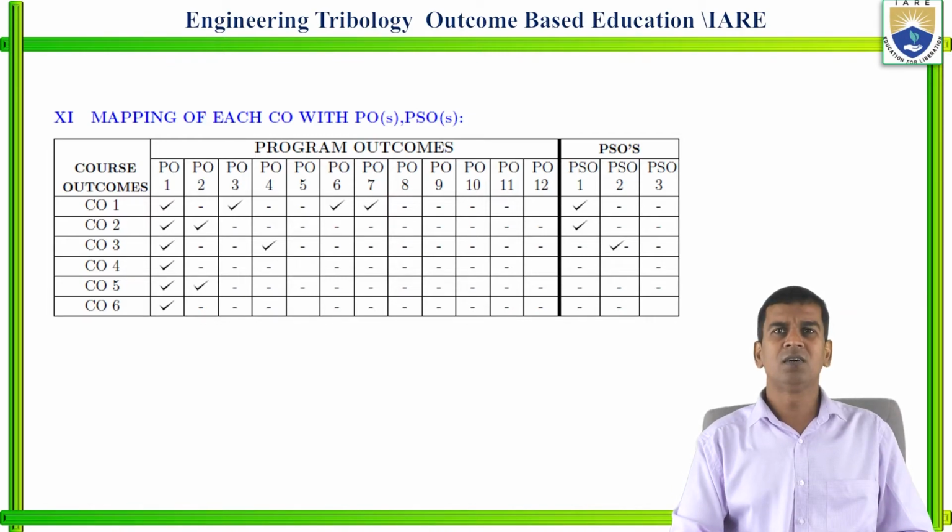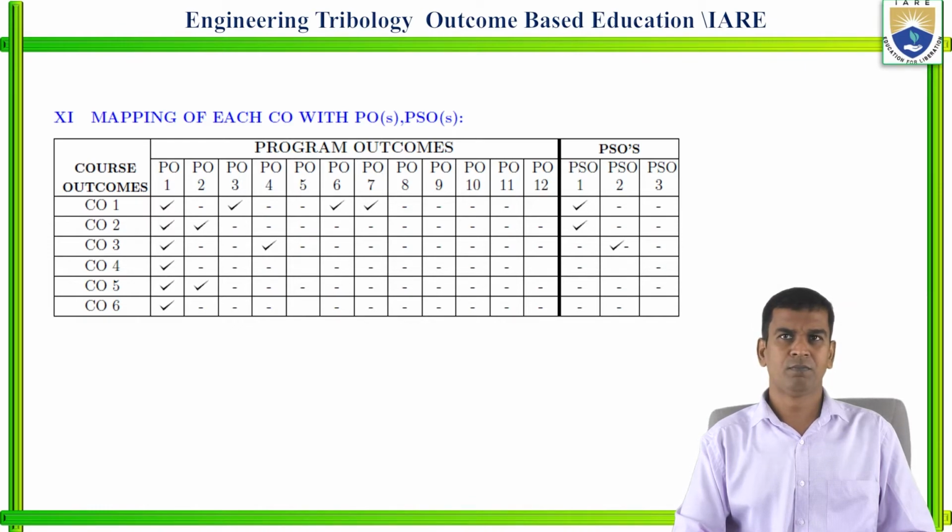The mapping of each of the COs with POs, you can see in the table over here. The course outcome CO1 is mapped to PO1, PO3, PO6, PO7 and PSO1, and CO2 is mapped to PO1, PO2 and PSO1.